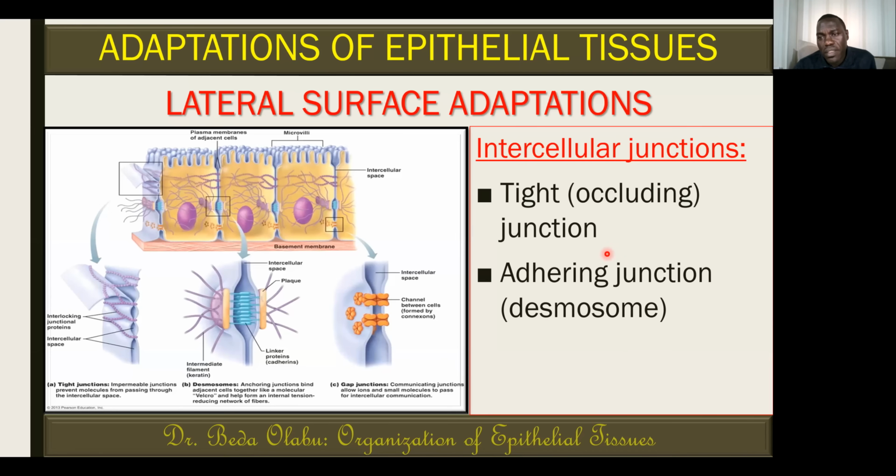The second intercellular junction I'll talk about is adhering junctions, which we call desmosomes. Desmosomes are adhering junctions. They are responsible for holding adjacent cells together. So they anchor adjacent cells together. Those are desmosomes.